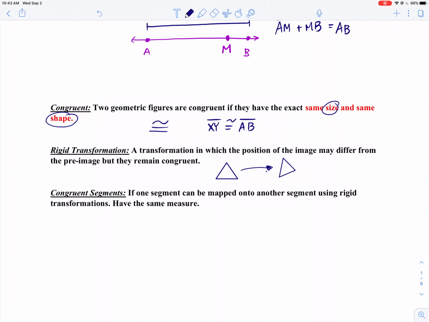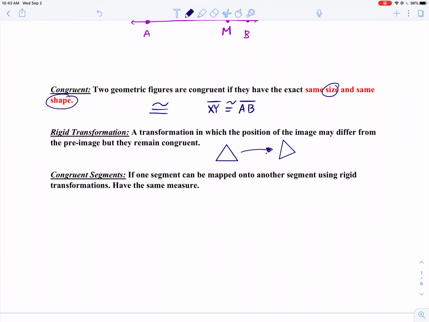Okay, congruent segments are going to be, if one segment can be mapped onto another segment using rigid transformations, they have the same measure. So if I have one segment, I'll call that segment AB. And then if I have another segment, we'll say that's CD.